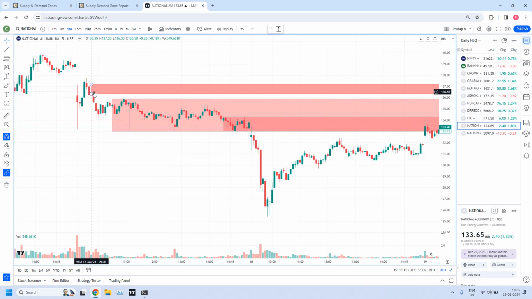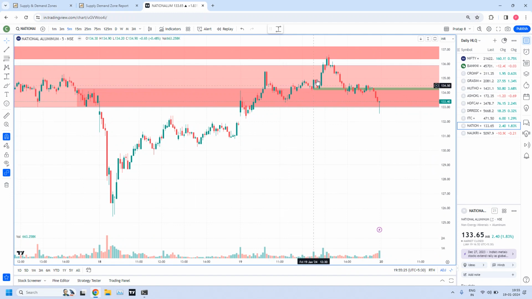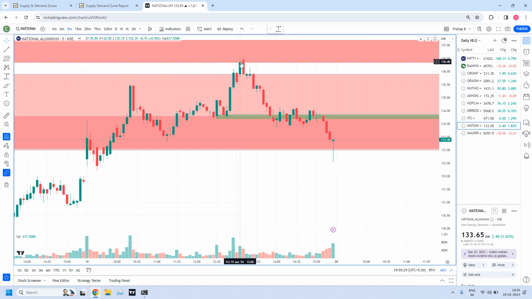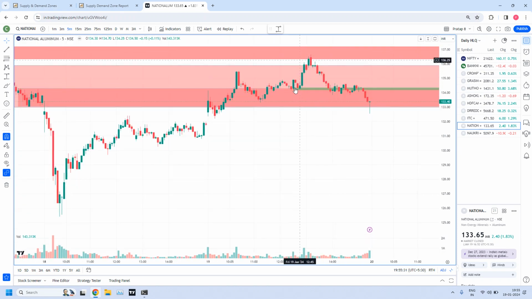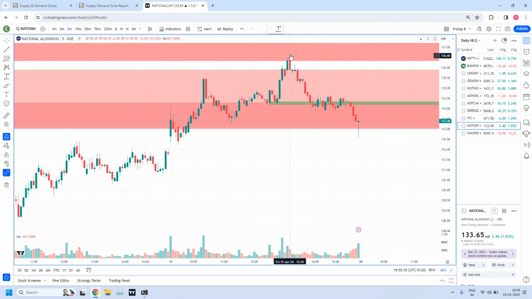NeoStock software helped me in deciding this zone as a high liquidity zone, but low priority. Definitely the existing demand might have been consumed. So that way this zone is given, and the risk is also very minimal.